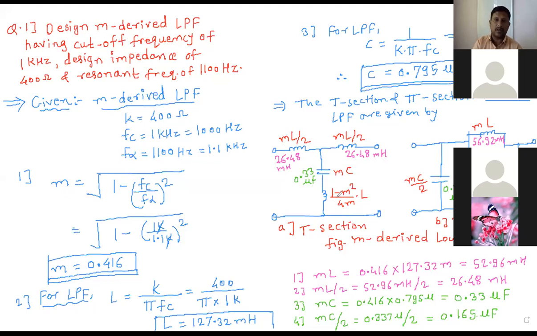So what are remaining? 1 minus M square divided by 4M into L, and 1 minus M square divided by 4M into C. So 1 minus M square divided by 4M into L you can calculate and tell.